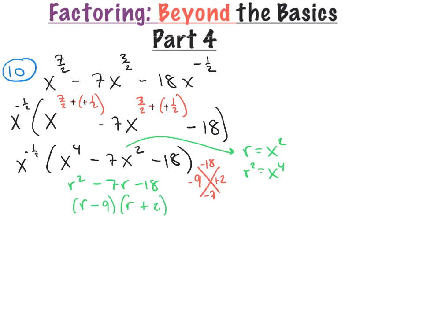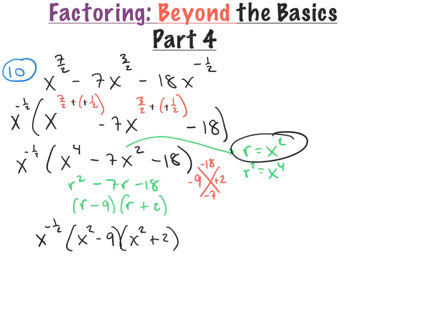Okay, so r was x squared. So this is x to the negative 1/2, x squared minus 9, x squared plus 2. Now, we haven't done difference of squares in a long time, it feels like. x squared plus 2 is the sum of squares, and we discussed that a few lessons ago.